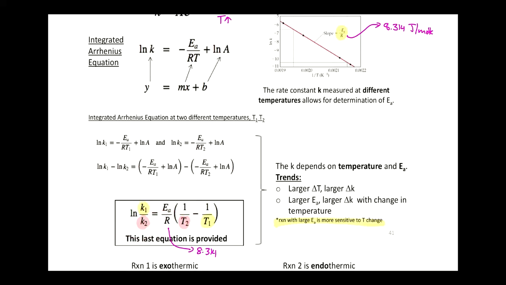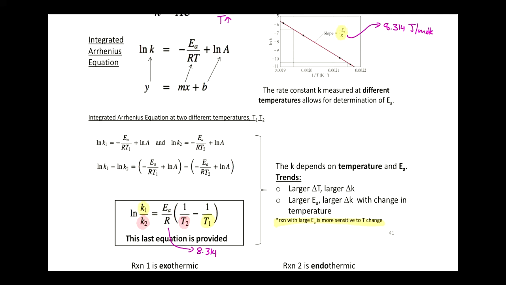Another smaller, more difficult trend to pull out of this equation is that your activation energy for your reaction also dictates how much your reaction speeds up. And here's a tip. The larger your activation energy for your reaction, the larger the effect that temperature will have on your rate constants.